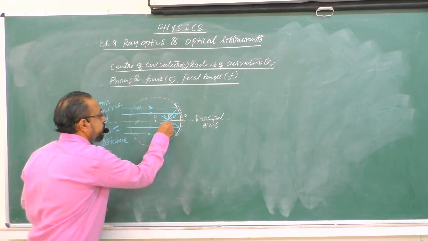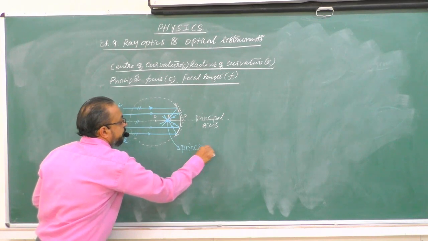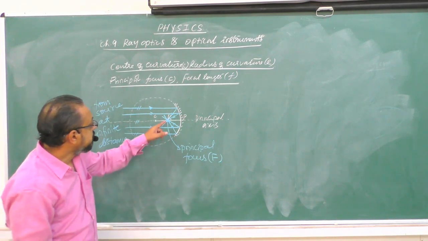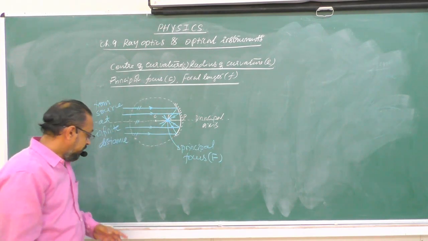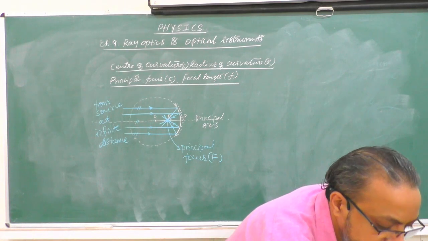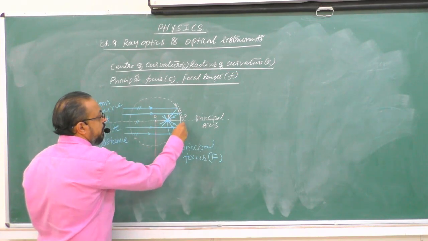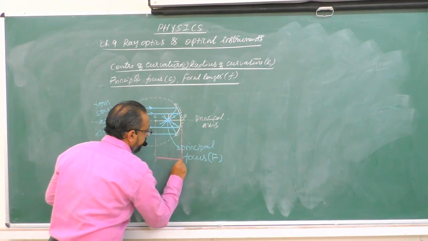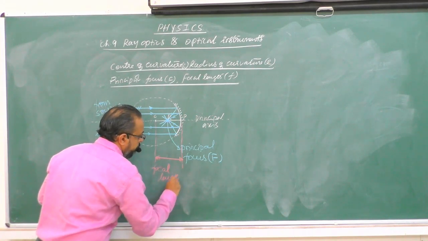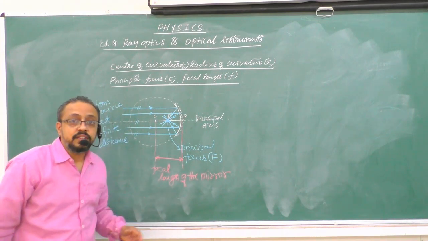This point I call the principal focus, letter F. And the distance between the principal focus and the pole is called the focal length of the mirror.